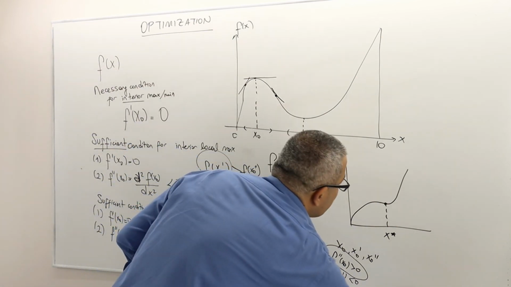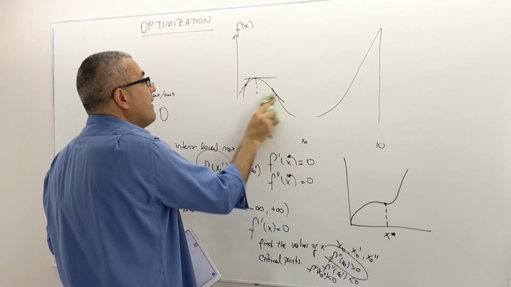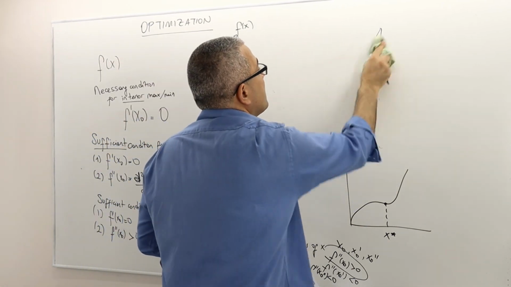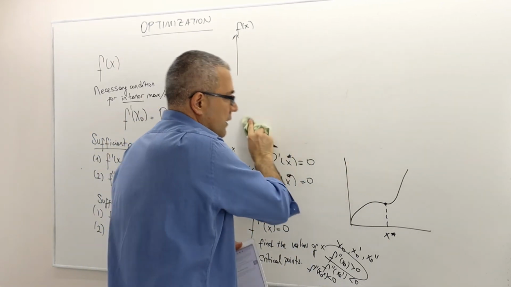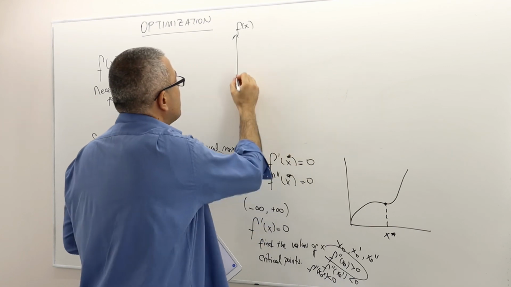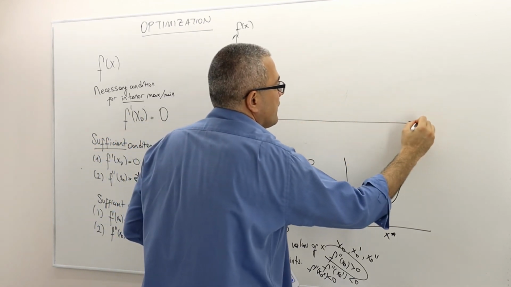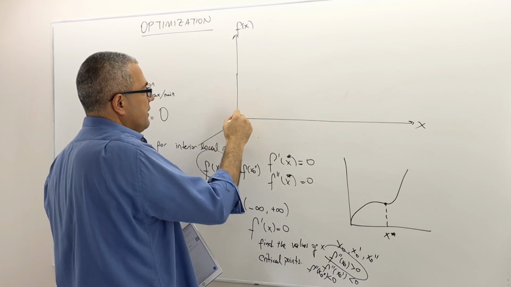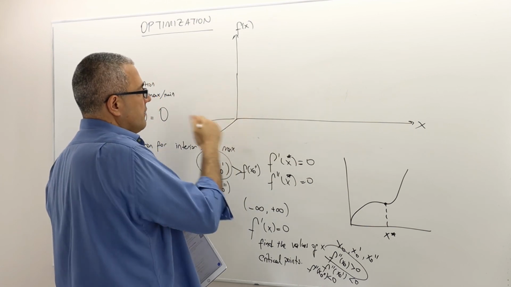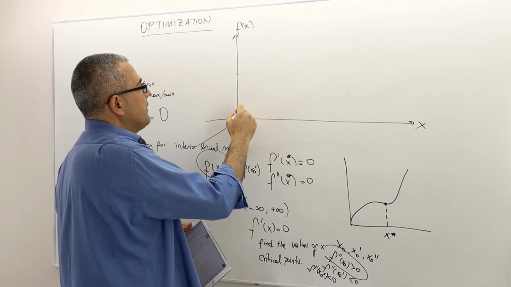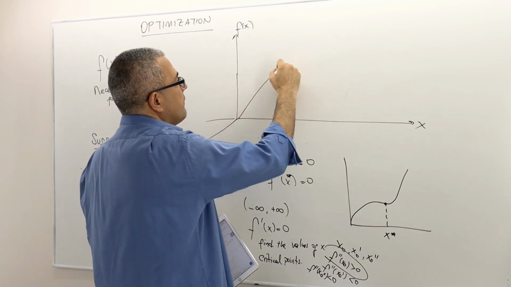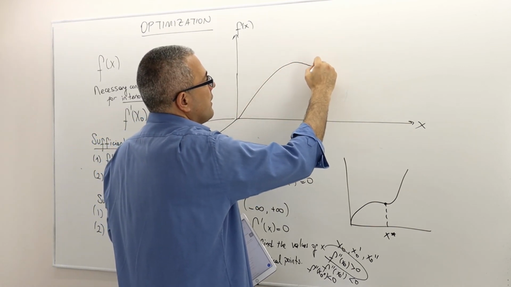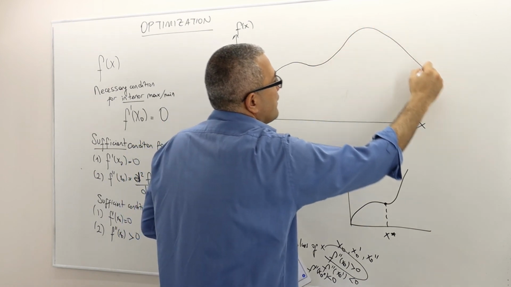One simple example graphically could be something like this. This is the x-axis, this is f of x. Let's suppose on the negative side the function decreases, and so here I have something like this, and then this.